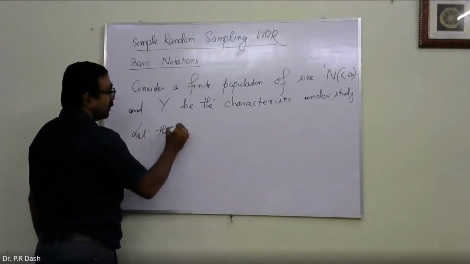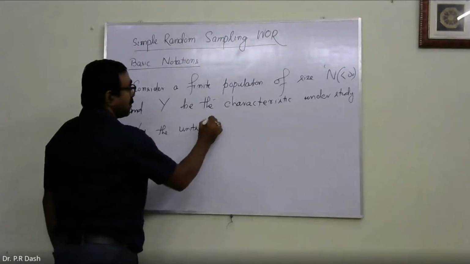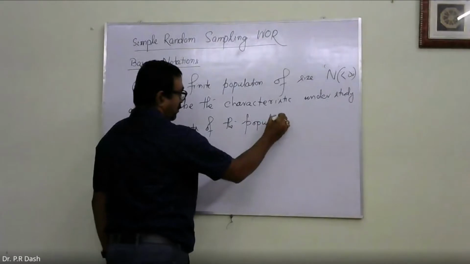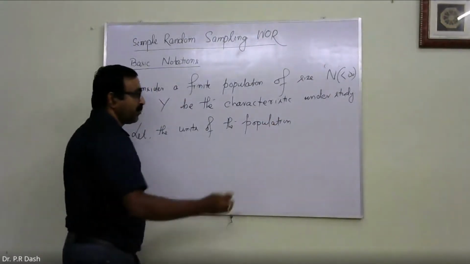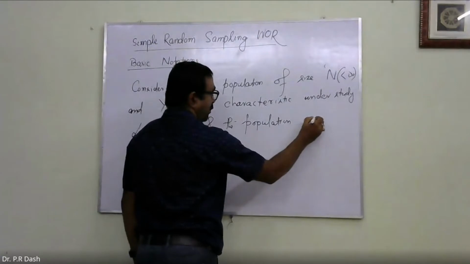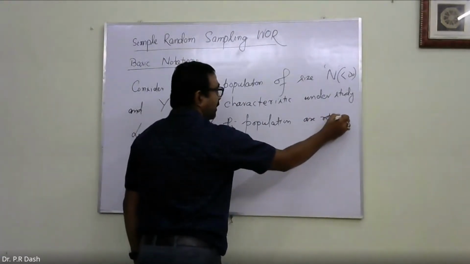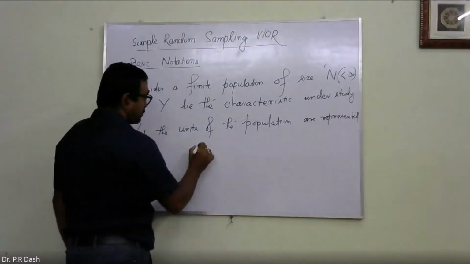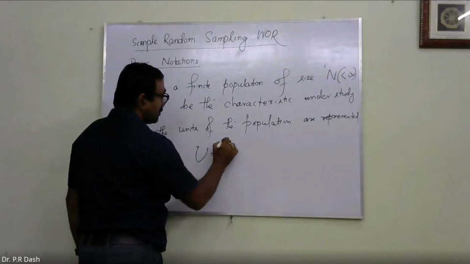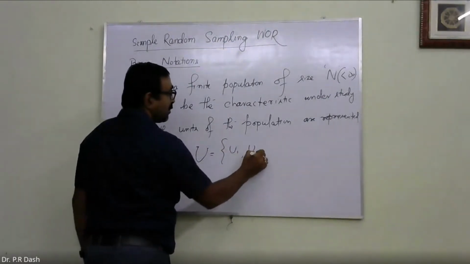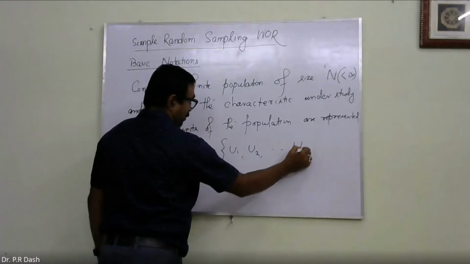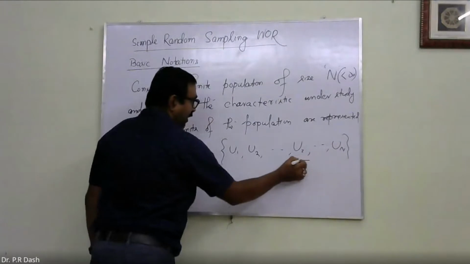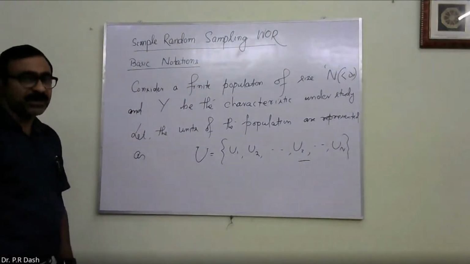Let the units of the population be represented as U equal to U1, U2, Ui, up to UN. Ui is the ith unit of the population.